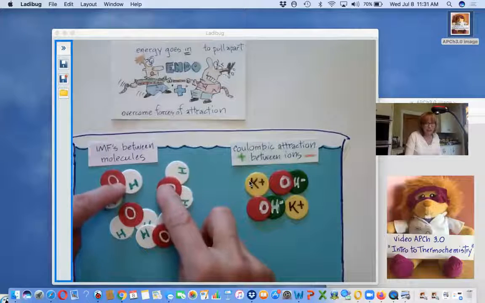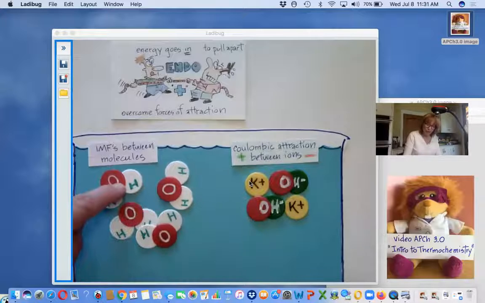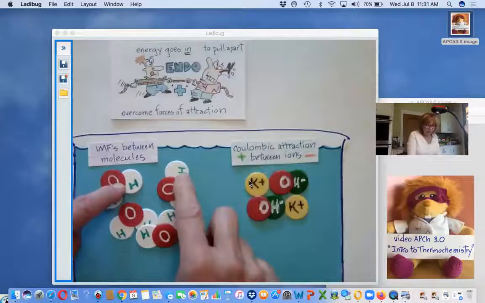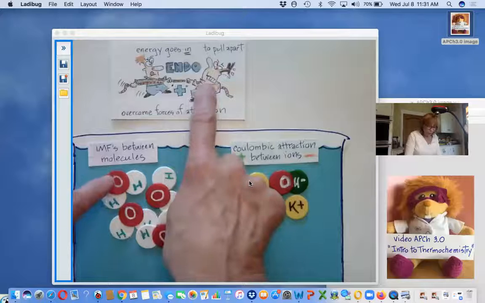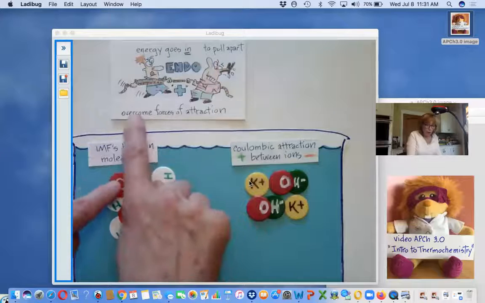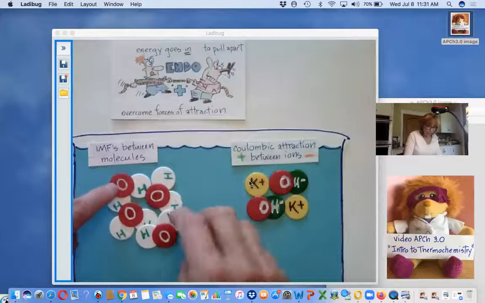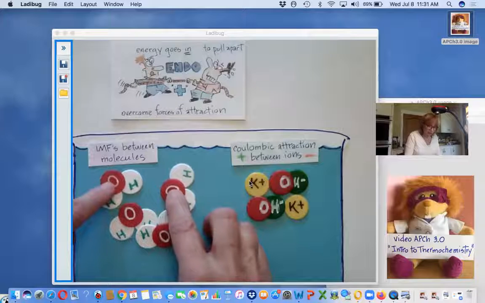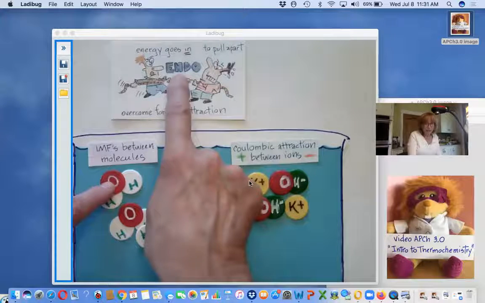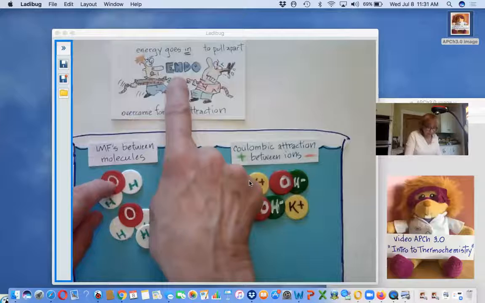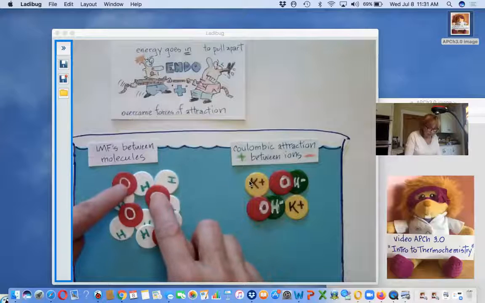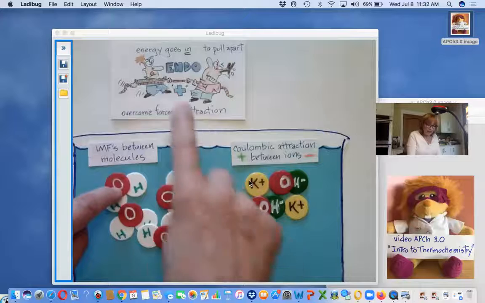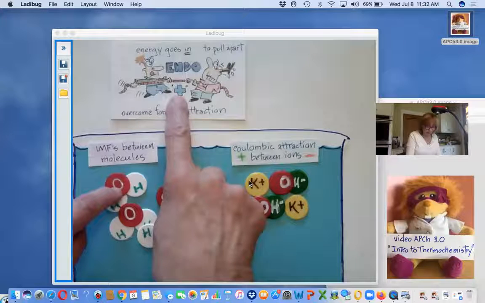They have to do that to make room for the dissolving solute. All right, see my guys in a tug of war? Whenever you're trying to overcome forces of attraction and pull the particles away from each other, that requires energy going in. So this process right here actually has a number value, and it's a positive number.